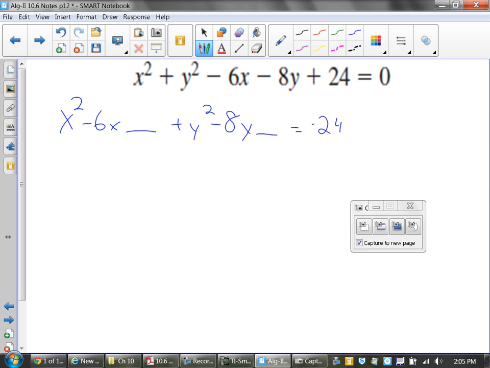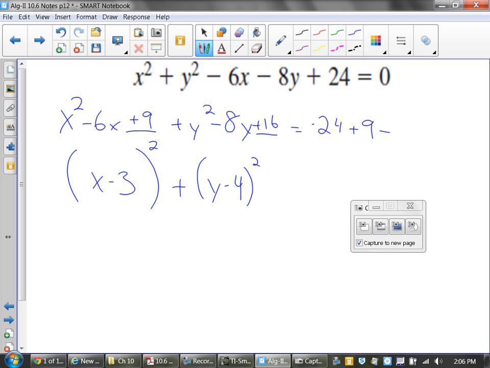Half of b and square it, add it to both sides for both of them. Half of negative 6, negative 3. Square it, I'm adding 9. Half of negative 8, negative 4. Square it, and add it to both sides.